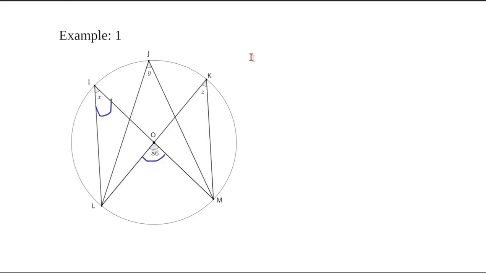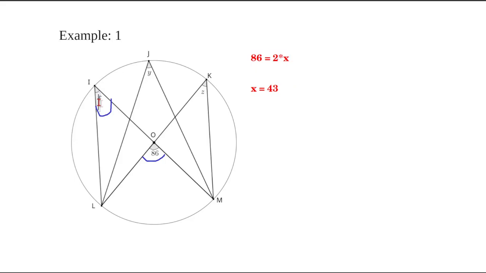So 86 is equal to 2 times the angle at the circumference, which is x. Dividing by 2 on both sides of the equation, you are going to get that your x is equal to 43.